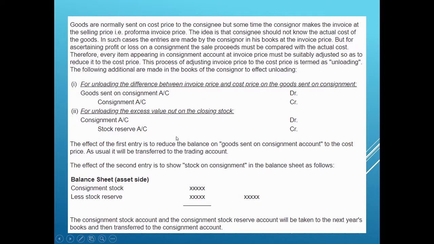In such cases, the entries are made by the consignor in his books at invoice price. First he sends goods to the consignee at invoice price, which includes profit. So to know the exact profit on goods sold, first they record at invoice price, then later they reverse the difference between invoice price and cost price.